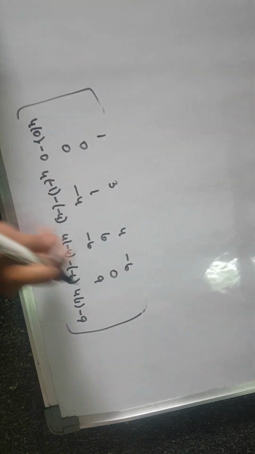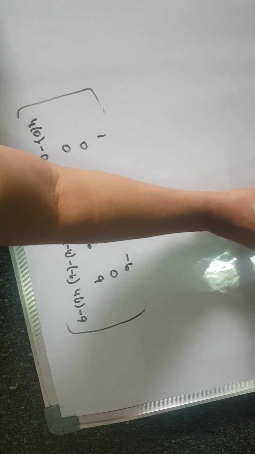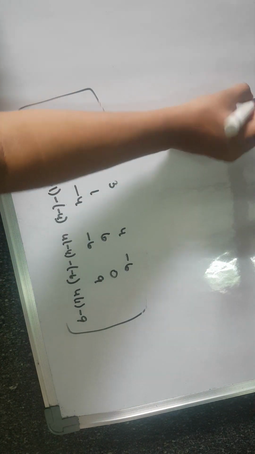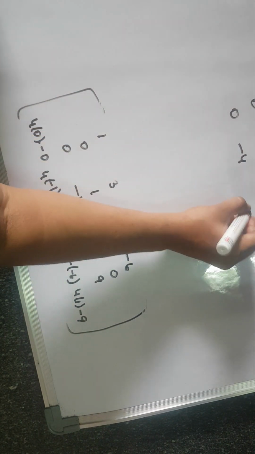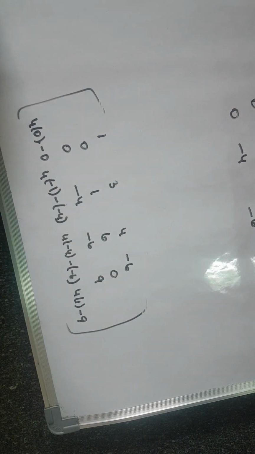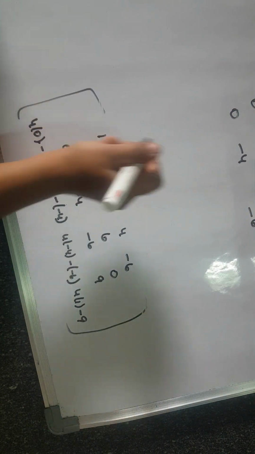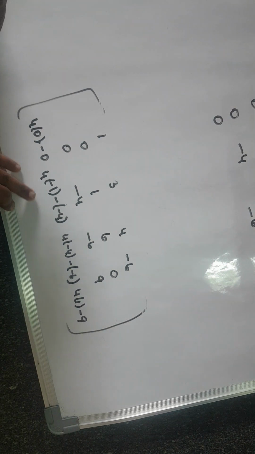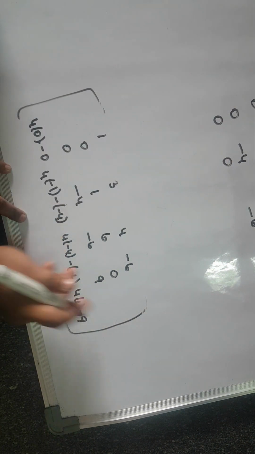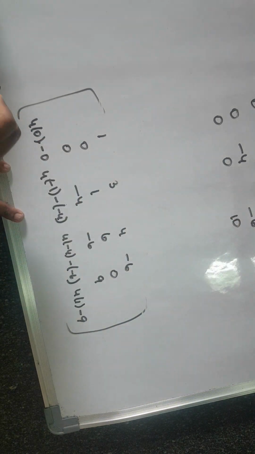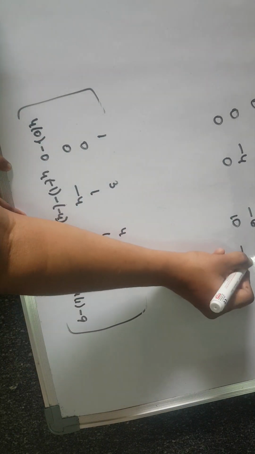What do these values become? 1, 3, 4, minus 6, 0, 1, 6, 0, 0, minus 4, minus 6, 9. And what does this last row become? 0 minus 0 is 0, minus 4 plus 4 is 0, minus 16 plus 6 is minus 10, 4 minus 9 is minus 5.